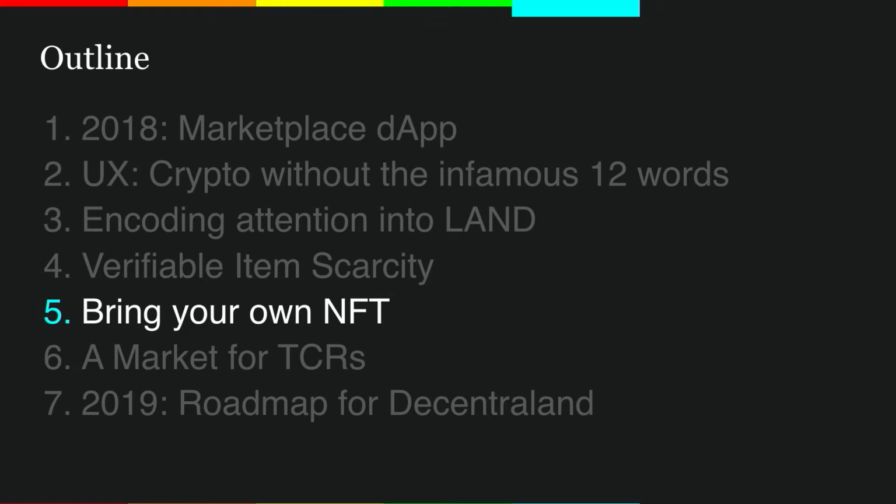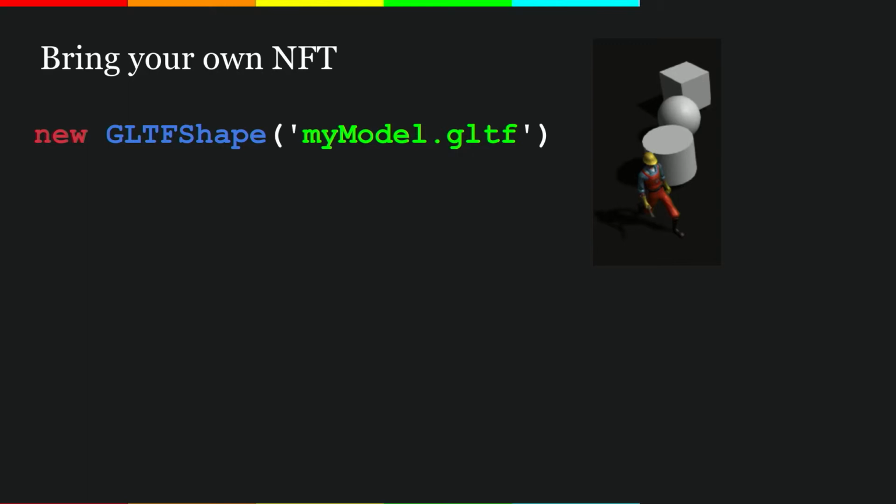Another thing that we're doing inside of Decentraland is to gather around the wider non-fungible token community, in a way that when you are in the 3D world, you can show that you own an NFT in a provable way. What does it mean to say in a provable way?